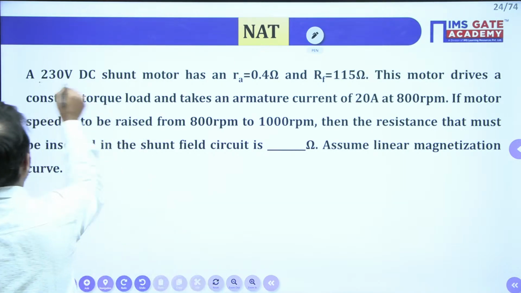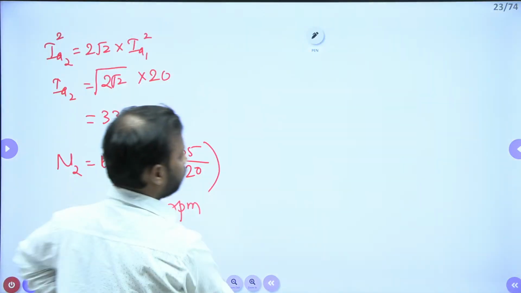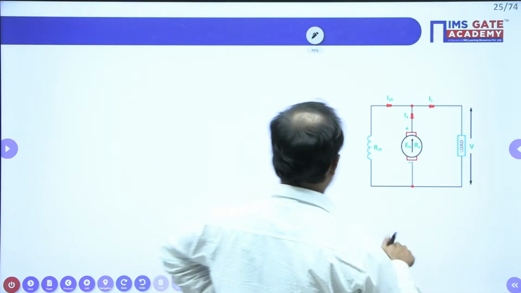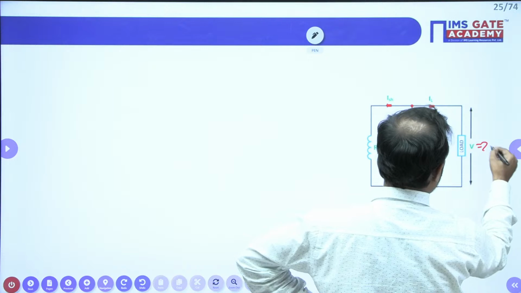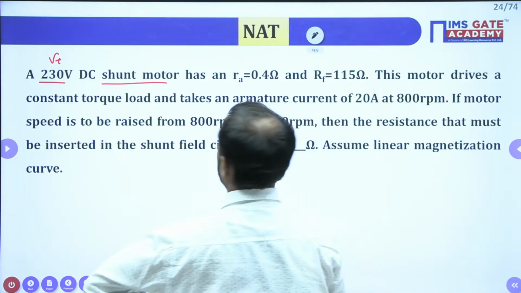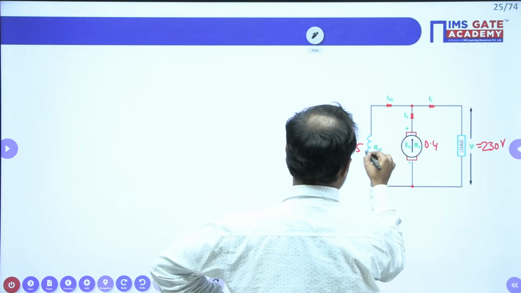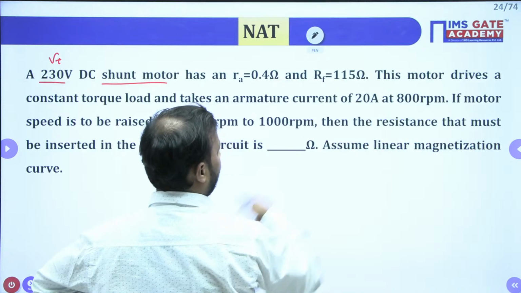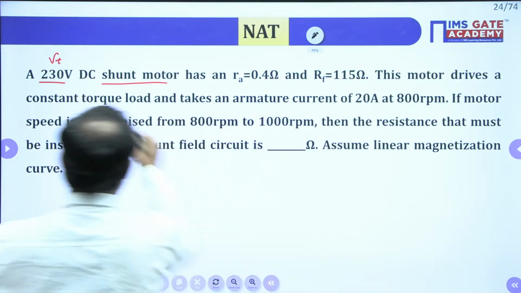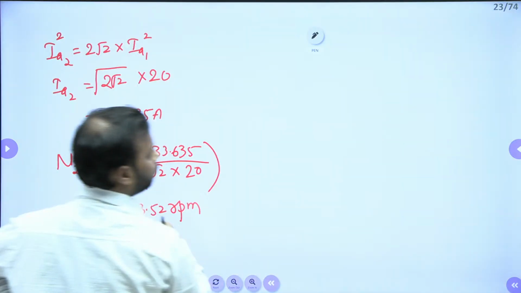So we have a DC shunt motor, Vt is 230 volt, Ra is 0.4 ohm, Rf is 115 ohm, and load torque TL is constant.